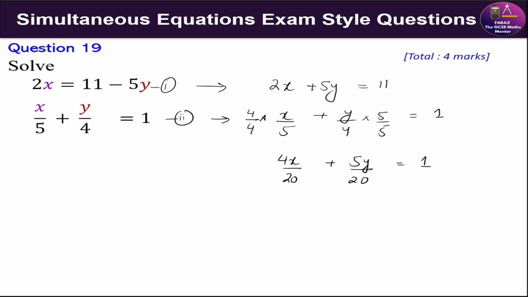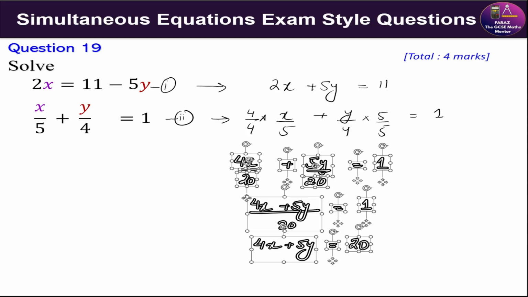Now denominators are same, we can add the numerators like this. 4x plus 5y over 20 equals to 1, and you have 4x plus 5y equals to 20, as 20 is there in the denominator. It will multiply with this one, so that would give you 20 there. So you have this 2x plus 5y equal 11 and 4x plus 5y equal 20.